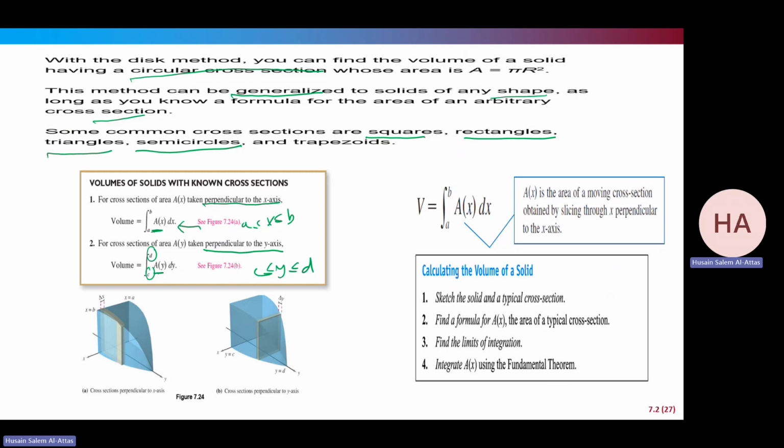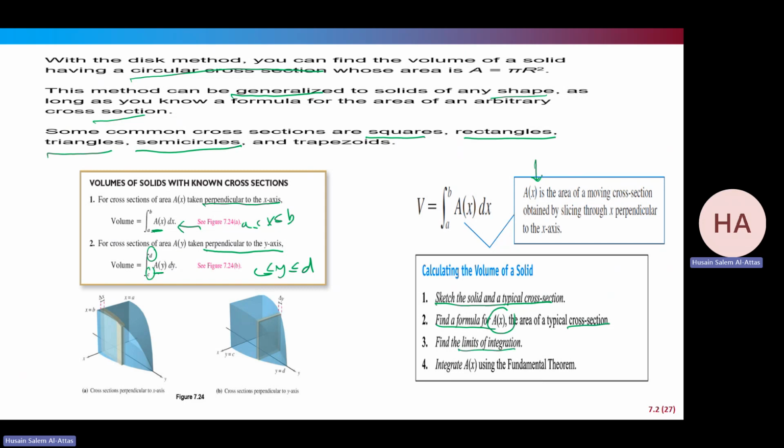What is the idea? The same as what we did, but now I need to find the area. A of x is the area of the moving cross section obtained by slicing through x perpendicular to the x-axis. Sketch the solid. Find the formula for the area, whether square, semicircle, or triangle, and find the area of this typical cross section.